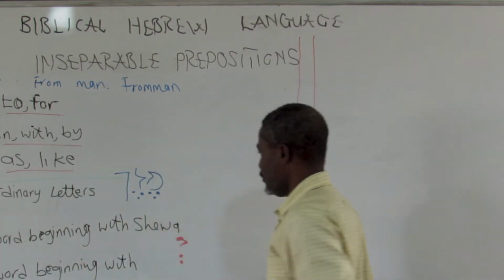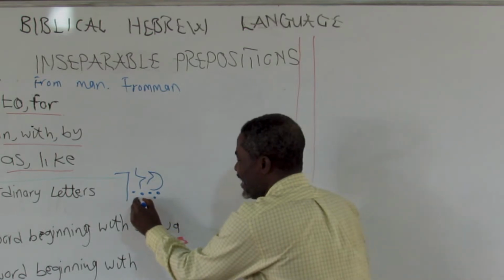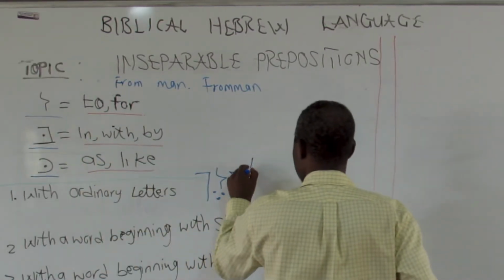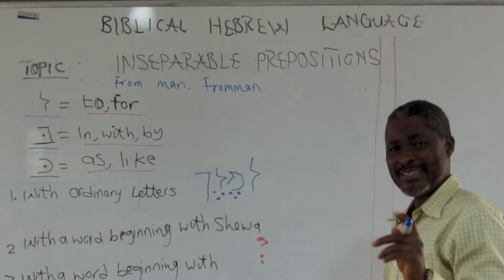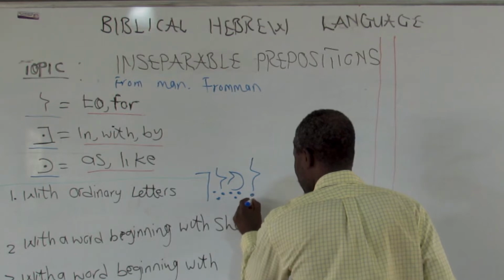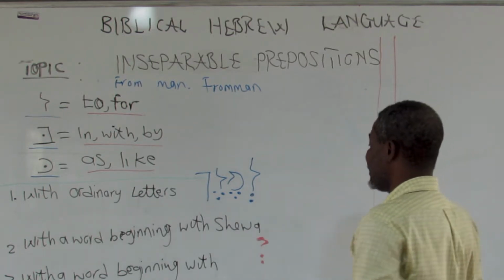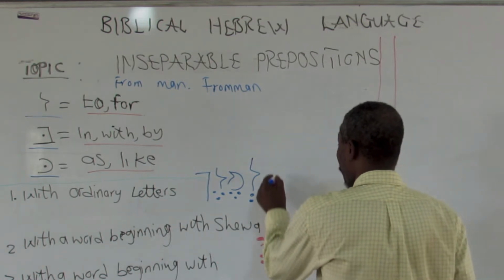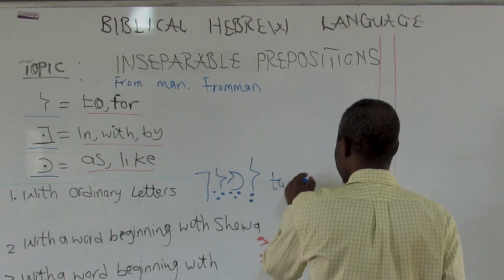To say to a king, you use the lamed. But the lamed is not going to stand vowelless. You put a simple shewa under it. So what you have is le melech. That is to or for a king.